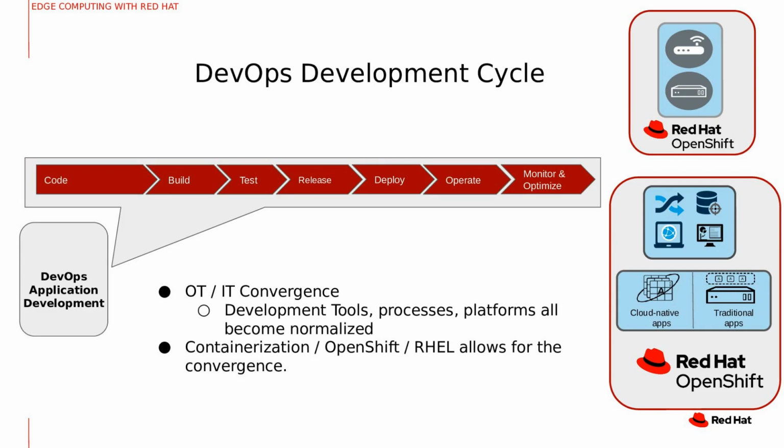If they can run containerized workloads, just like you do in a data center, we facilitate the OT IT convergence here, because now these teams can merge, and the same tools, the same processes, the same technologies can now be used for both what's running out on the device gateway and what's running in the data center. At all 3 tiers, Red Hat OpenShift could run there.